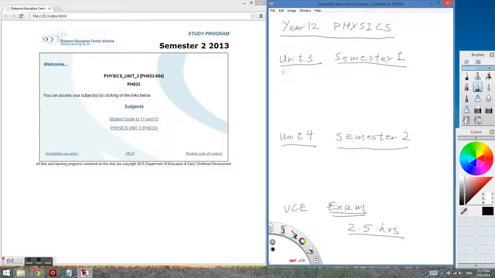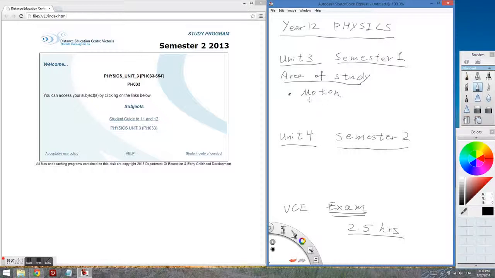Now let's go back to Unit 3. In Unit 3, there are two areas of study. The first area of study is motion, which I think is the most difficult one.